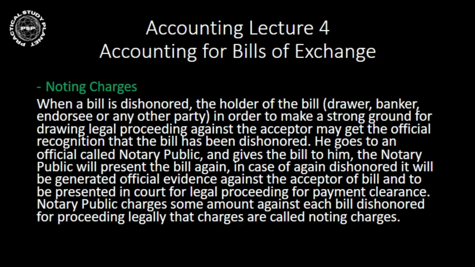The notary public will present the bill again. In case of dishonor again, it will generate official evidence against the acceptor of the bill, to be presented in a court of law for legal proceedings for payment clearance. The notary public charges some amount for each dishonored bill. These charges are called noting charges.